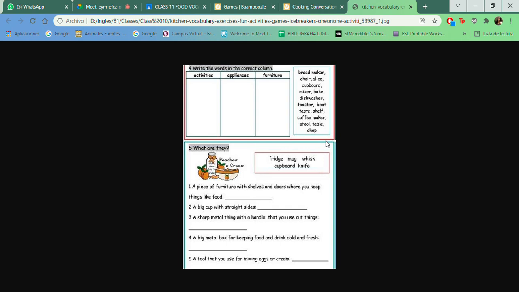Cupboard. Very good. Number 2, a big cup with straight sides. Mug. Very good.